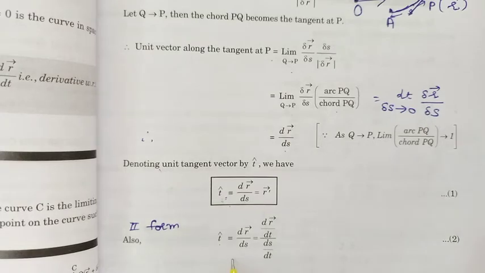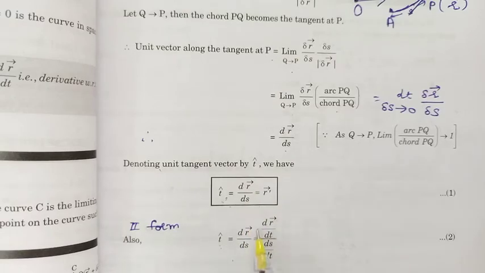By definition, the unit vector t cap is dr by ds, and this can further be written as dr by dt upon ds by dt. From here, we can find dr by dt, which will become t cap into ds by dt.